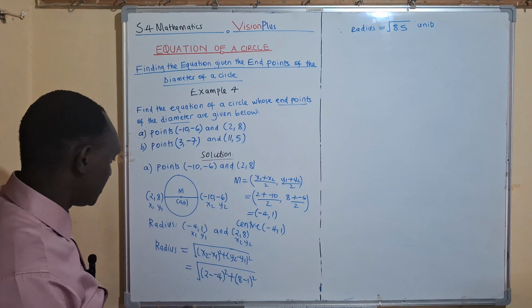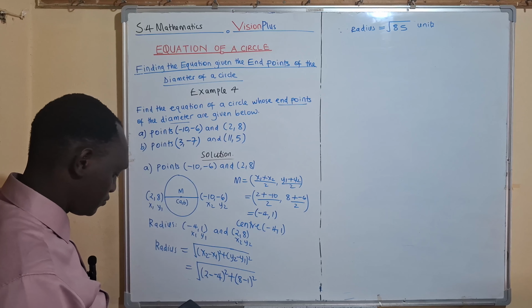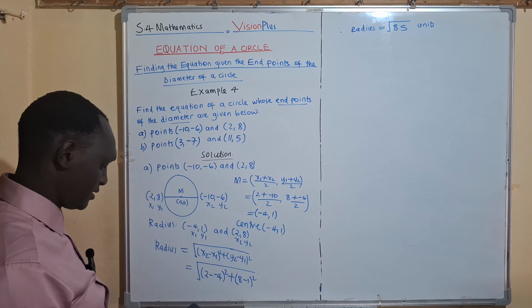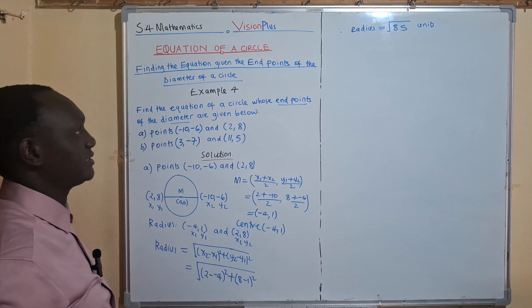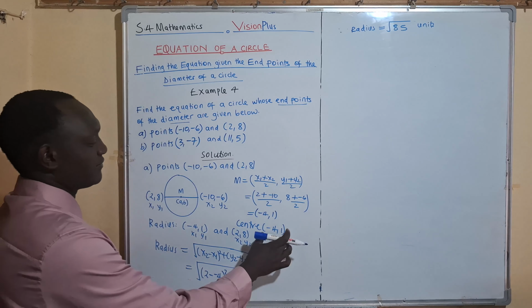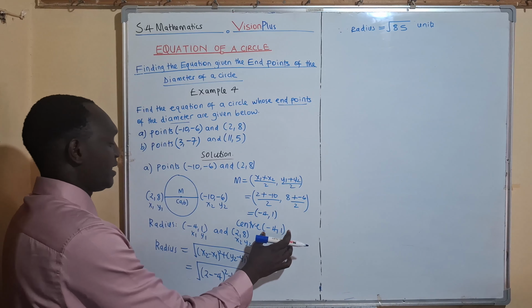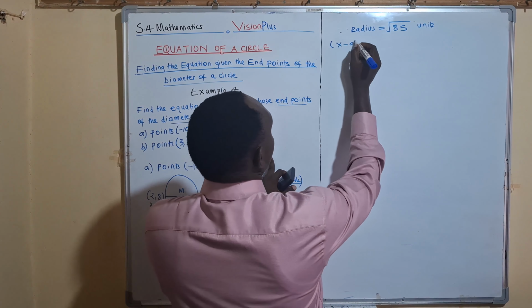Let me prove it. x2 is 2 minus -4, squared, 36, plus 7 squared. Yes, that is the radius. After getting the radius and we have the center as we have obtained here, then we can write the equation. And the equation is given by (x minus a) squared.